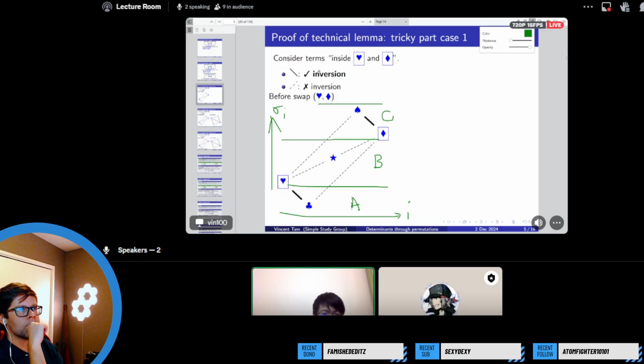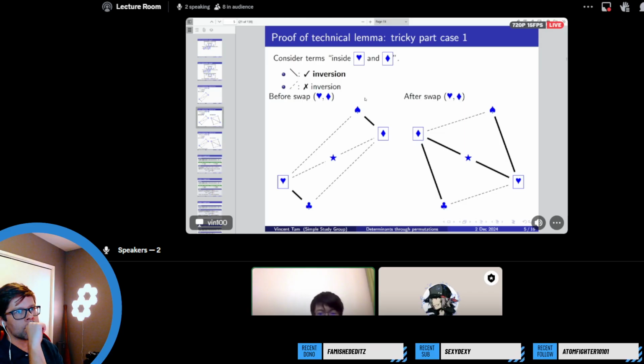If there is an occurrence of an inversion, it will be marked by bolded straight lines. After the swap, you will see that there is an even number of changes.